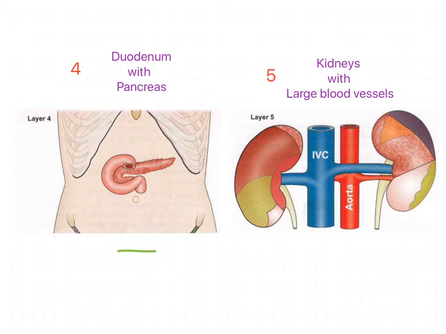Next, the fifth layer: behind this duodenum and pancreas, you will find the kidneys with large blood vessels. Kidneys and the large blood vessels are included here. This forms the fifth layer. These organs are present in the retroperitoneal space.